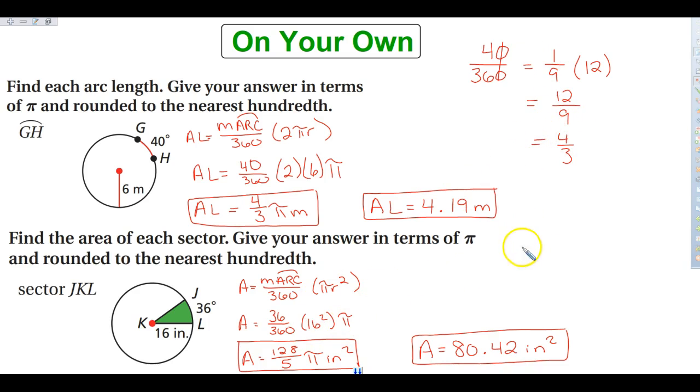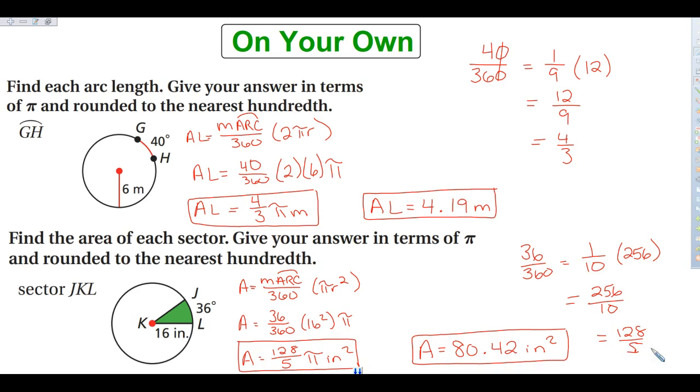Like if we're looking at here, that 36 over 360 is the same thing as saying 1 over 10. Then we multiply that by 16 squared, which is 256. So we get 256 over 10, and then we divide top and bottom by 2, that's where we get the 128/5.